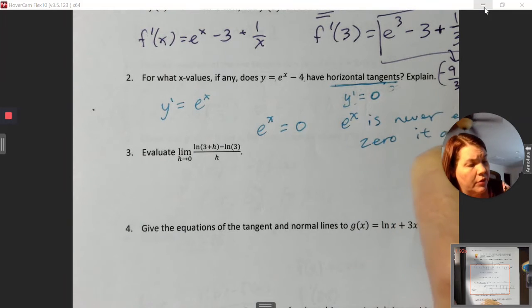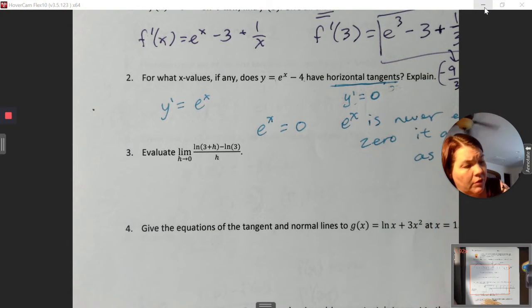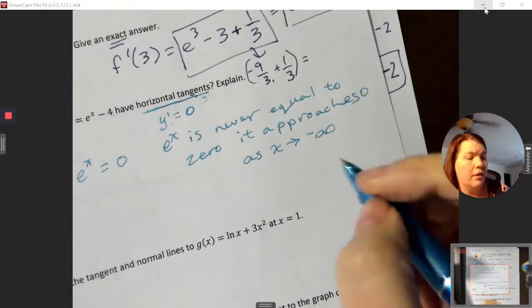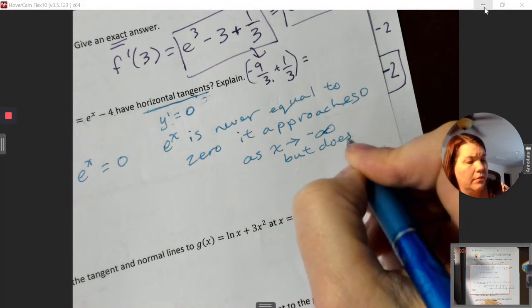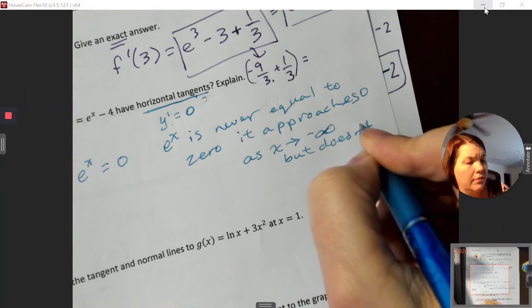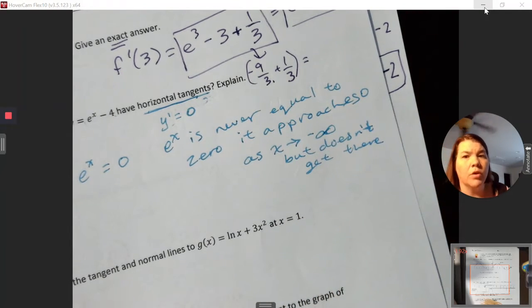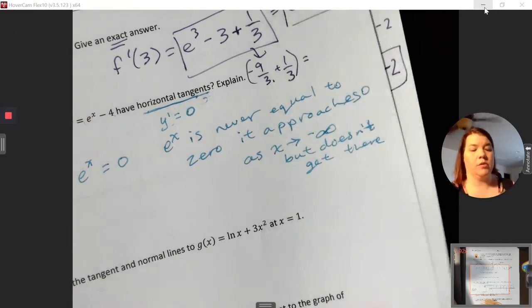It approaches 0 as x approaches negative infinity, but it doesn't actually get there. So, no. That's my answer. You can explain it in your own words.